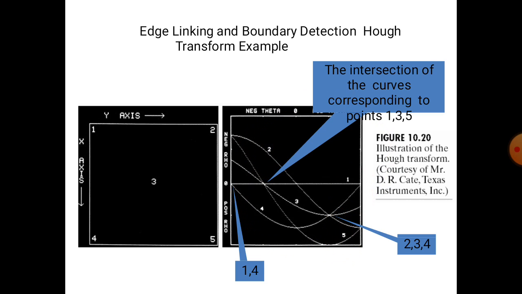The location of A indicates that the 3 points lie on a straight line passing through the origin and oriented at 45 degrees. Similarly, the curves intersecting at point B in the parameter space indicate that points 2, 3 and 4 lie on a straight line oriented at minus 45 degrees and whose distance from the origin is 71.